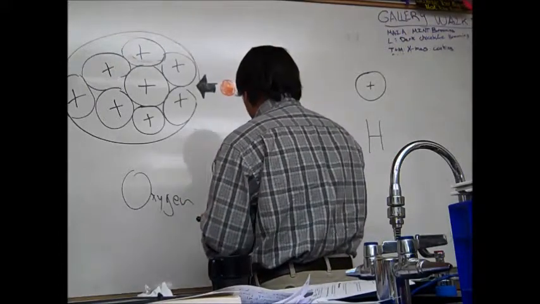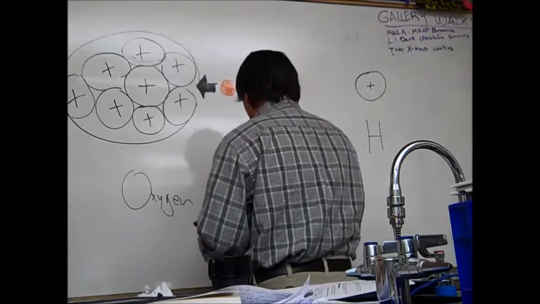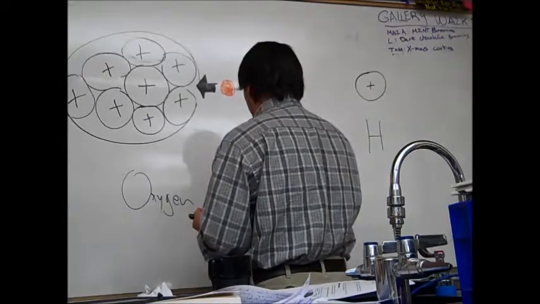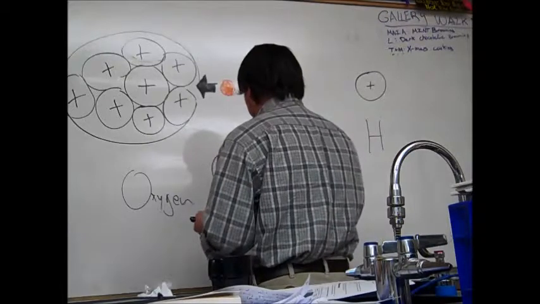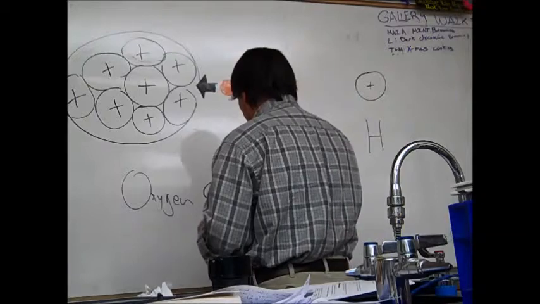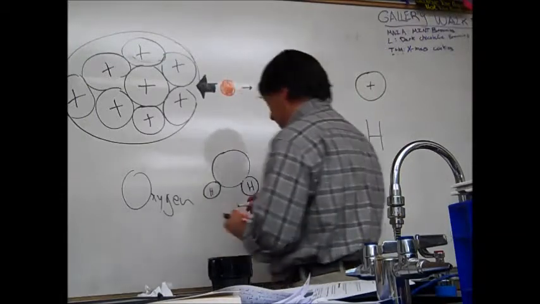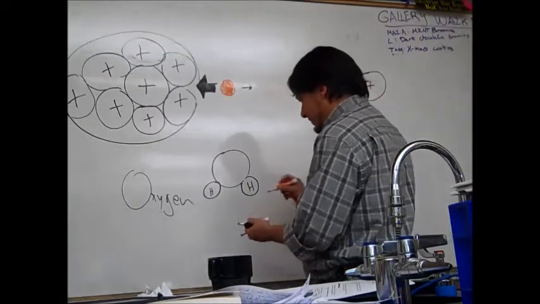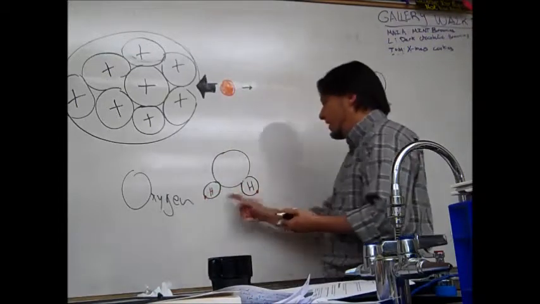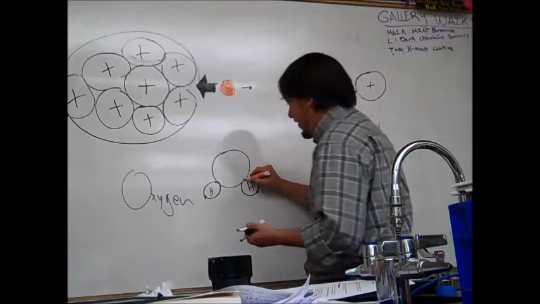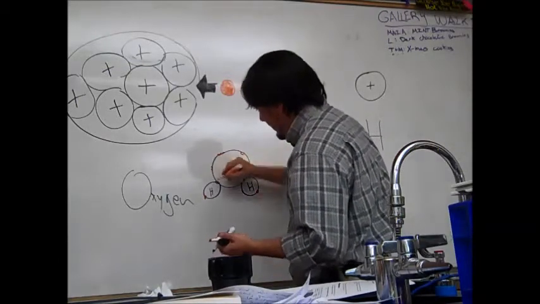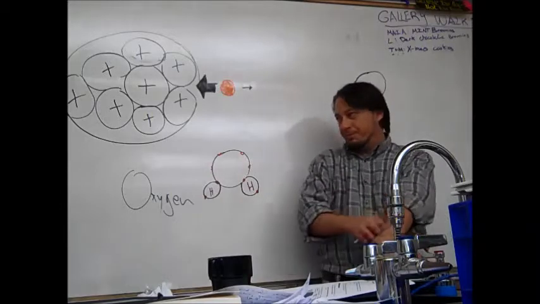What I had shown you on Friday was something like this. You've got your hydrogen with its 1 electron, and then you've got your oxygen with 2, 3, 4, 5, 6 electrons here.